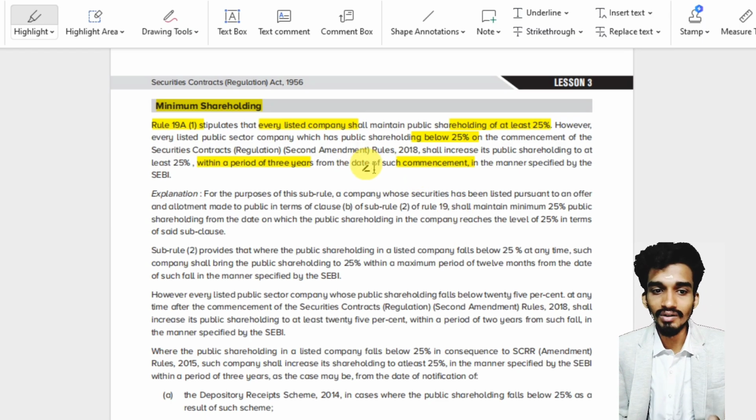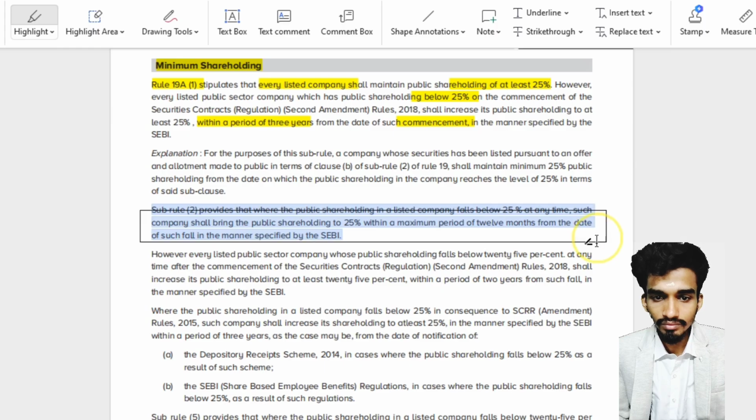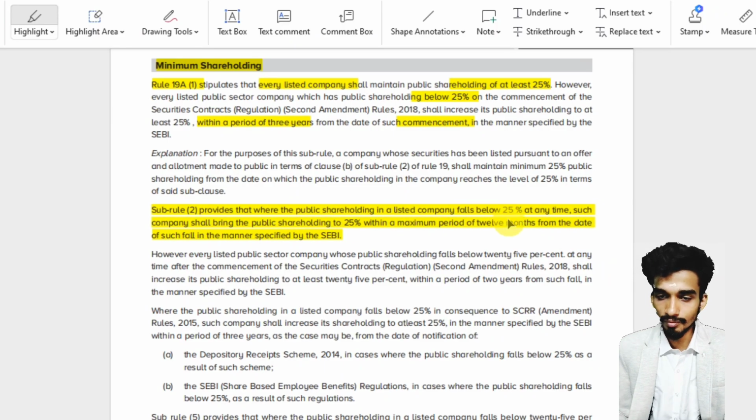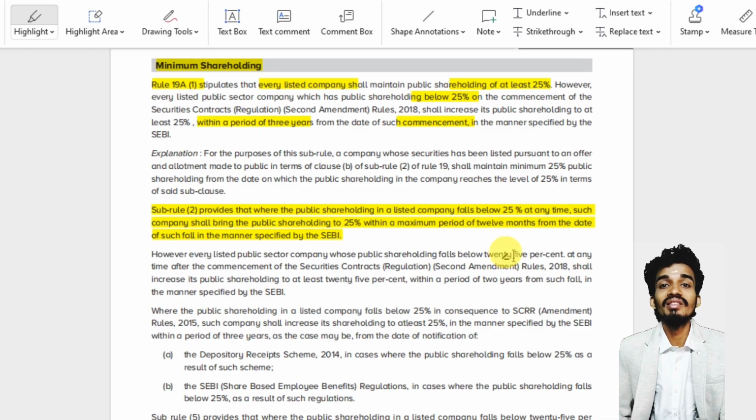What is relevant now is that if public shareholding falls below 25%, it should be brought to 25% within a maximum period of 12 months.